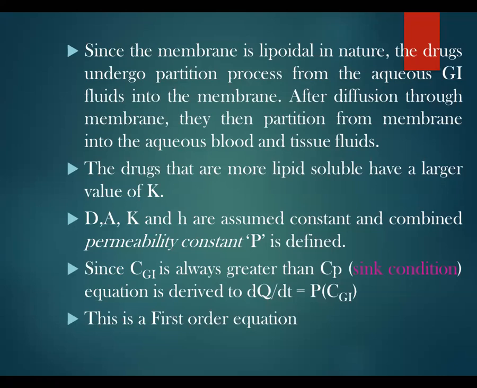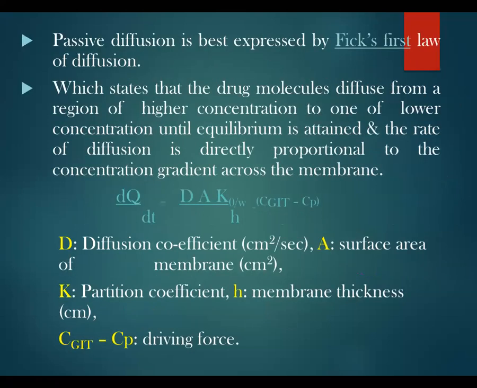Whatever drug molecules come from the GI fluid are immediately carried by the blood to the next area. That means there is always a continuous concentration gradient and no chance for equilibrium to happen. If equilibrium happens, then absorption will stop, remember, because the major driving force, as we understood, is mainly the concentration gradient.